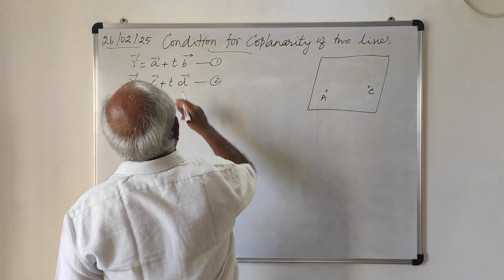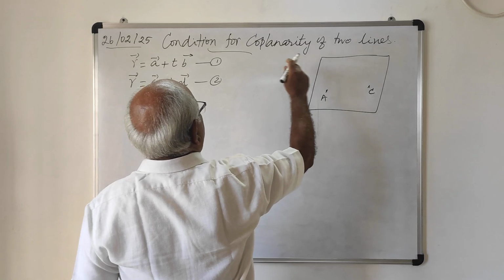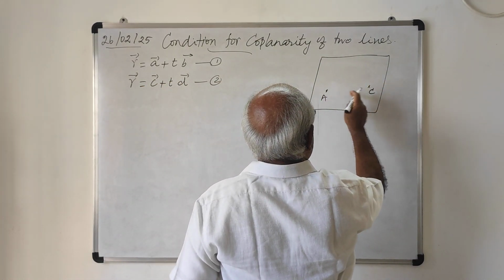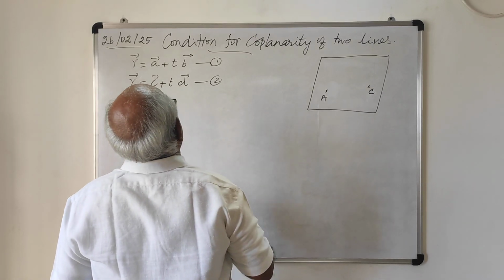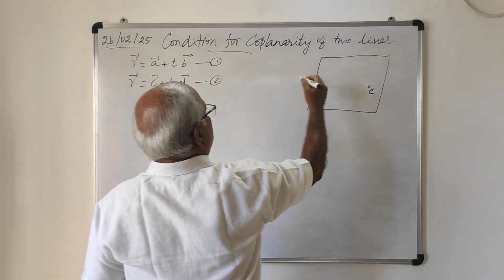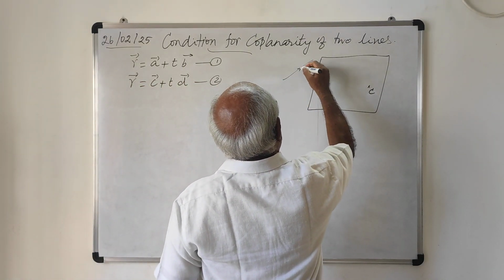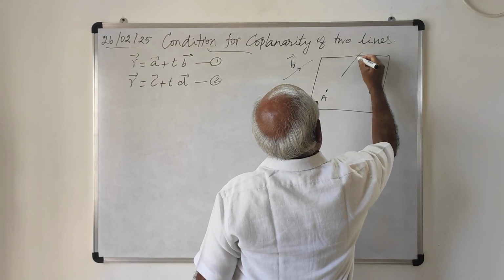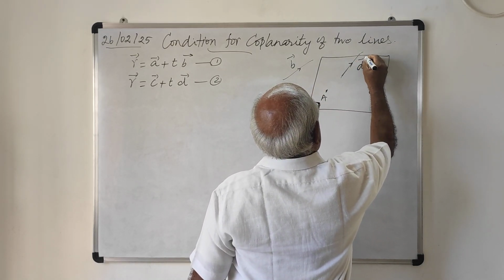The b vector and d vector are parallel vectors to this plane. These two points lie on the plane and the b vector and d vector are parallel to this plane. Suppose this is vector b and this is vector d.